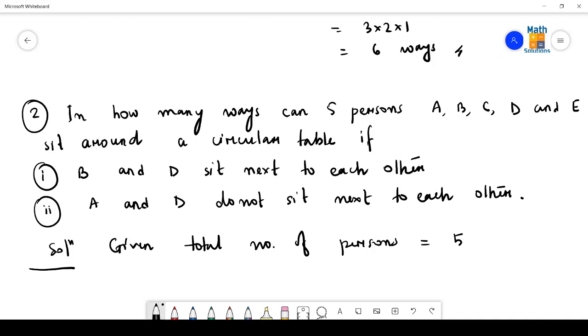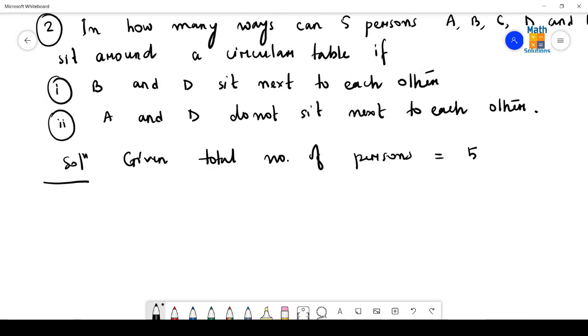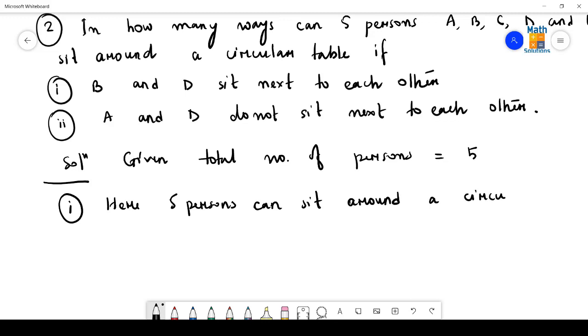So coming to the first part, here 5 persons can sit around a circular table in how many ways?